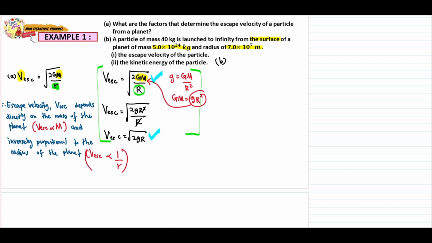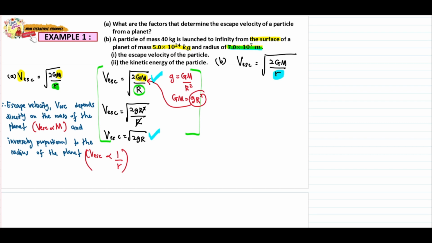Okay, kalau particle tu nak escape daripada planet tersebut. So now we can straightly use equation of V escape is equal to square root 2GM over r, where r here is the radius of the planet. So the radius is given here, okay, 7 times 10 power of 7 meter.